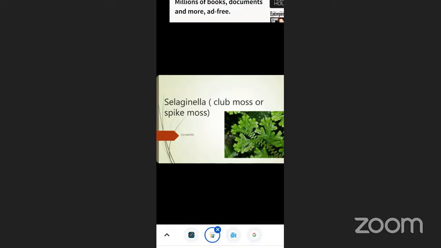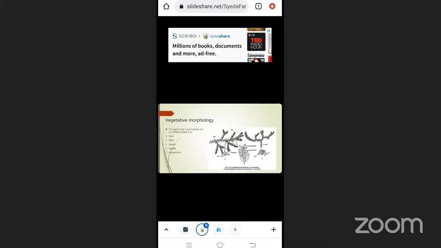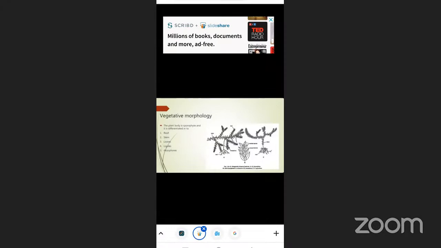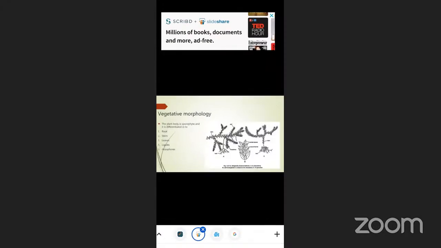When we take the external features of Selaginella, the morphology is based on their habit and nature of the leaves. In Selaginella, two groups are there: the Stachygynandrum and Euselaginella groups.